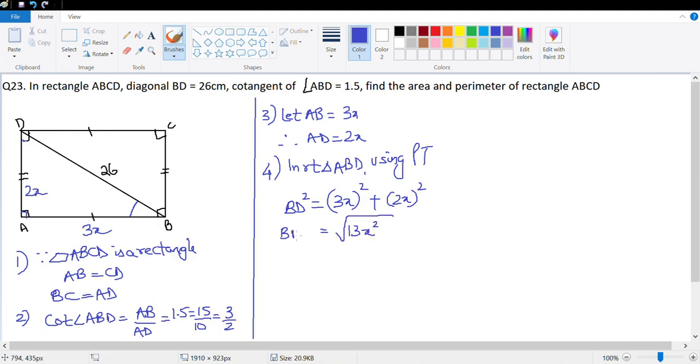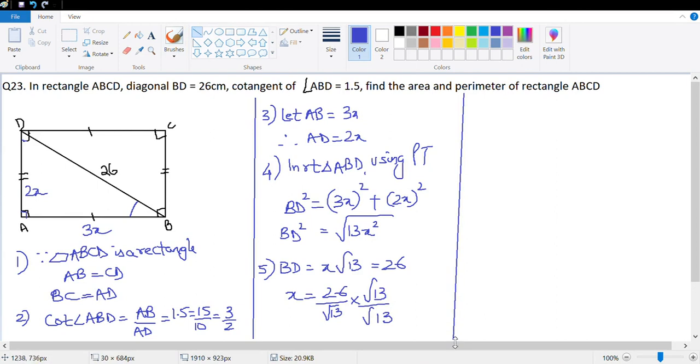This is BD square, which means BD is equal to x root 13, and this is given equal to 26, which means x is equal to 26 upon root 13. Let's rationalize, multiply both numerator and denominator by root 13.